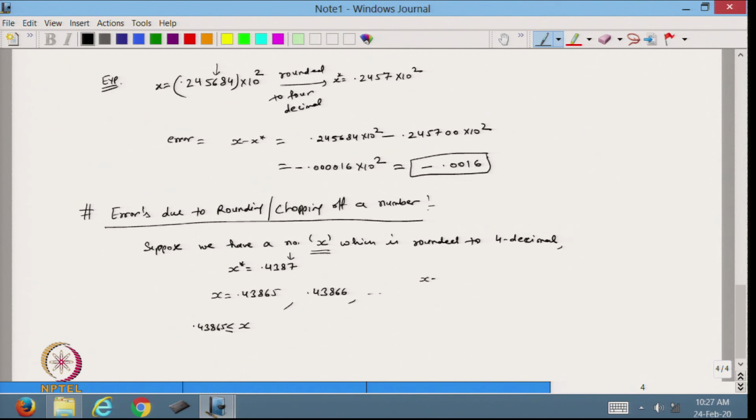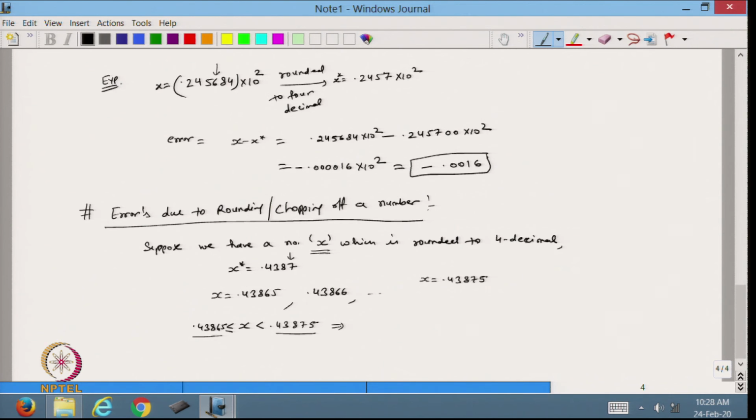Suppose my x is equal to 0.43875. If I have this number, then this digit becomes 8. So, I can say that x is always less than 0.43875. I am not putting equal, because the equal sign would mean that the number will be 0.4388 instead of 0.4387. So, that is the lower bound of this number and this is the upper bound of this number.